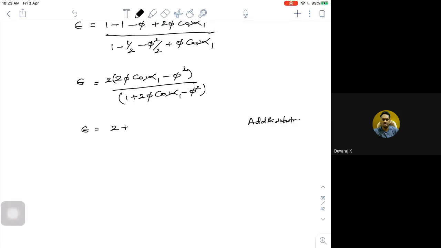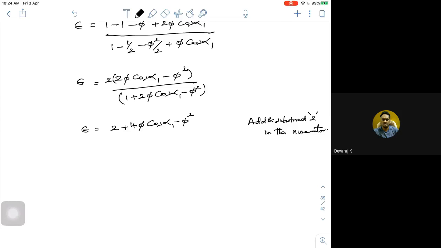Add and subtract 2 in the numerator. This is all simplification, nothing else. Already we got the expression, just to get one particular form we are trying to do. So 2 into 2, it is 4 phi cos alpha 1 minus phi square.